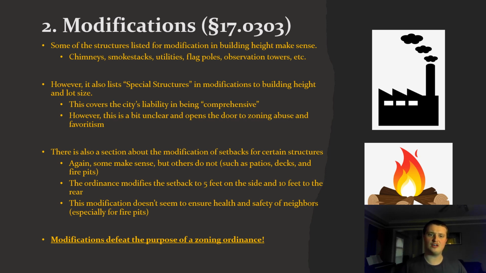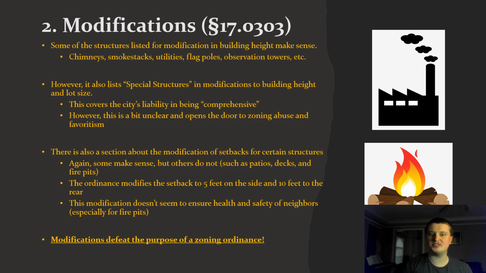There is also one other section in the modification section I didn't particularly care for. It's the setback section. Again, some of it makes sense, but others do not, such as patios, decks, and fire pits. The code makes a modification that the setbacks need 5 feet on the side and 10 feet at the rear of the property.